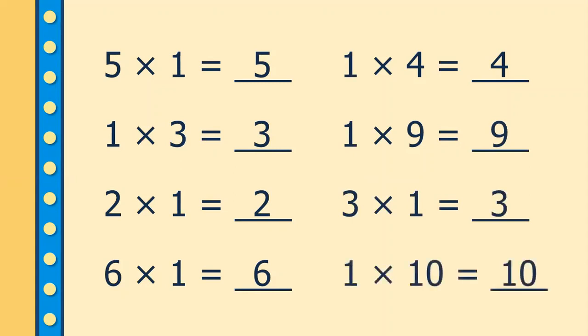And 1 times 10 is 10. Okay, so going back and looking over this, you can see all these patterns. Our factors have all kept their identity because they're multiplying by 1, right? So any digit times 1, any factor times 1, the product will always be that factor.